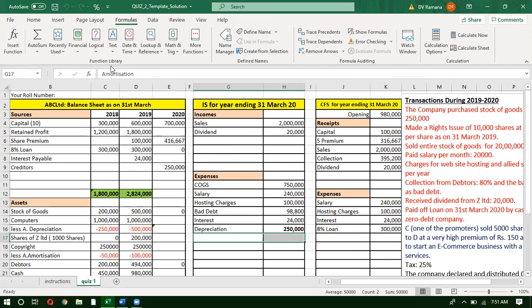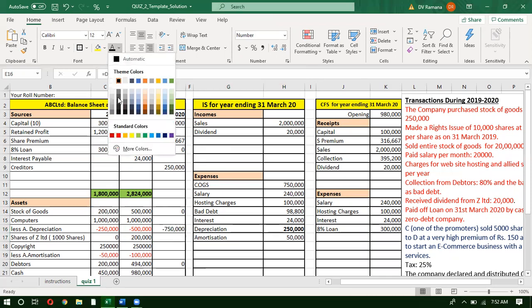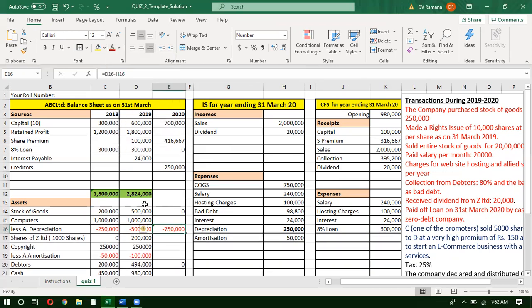Similarly, the amortization is also an expense. Amortization of copyright, depreciation of computer. So because of that depreciation, the accumulated depreciation will increase to the extent of 250, and accumulated amortization will increase to the extent of 50,000.